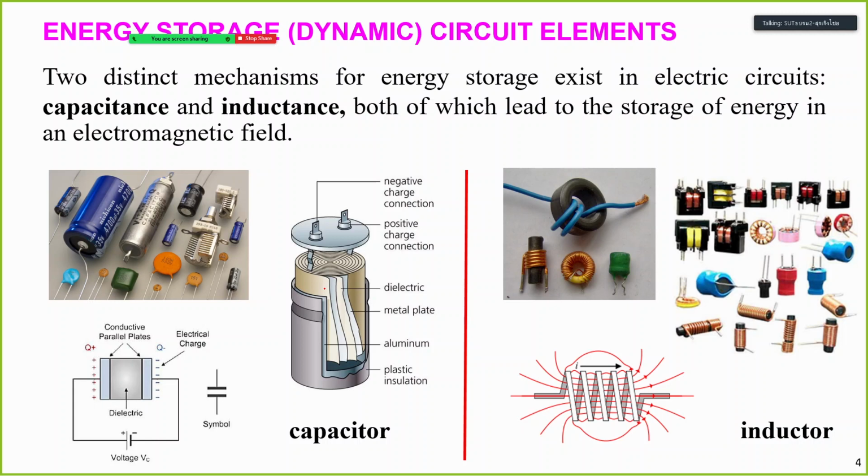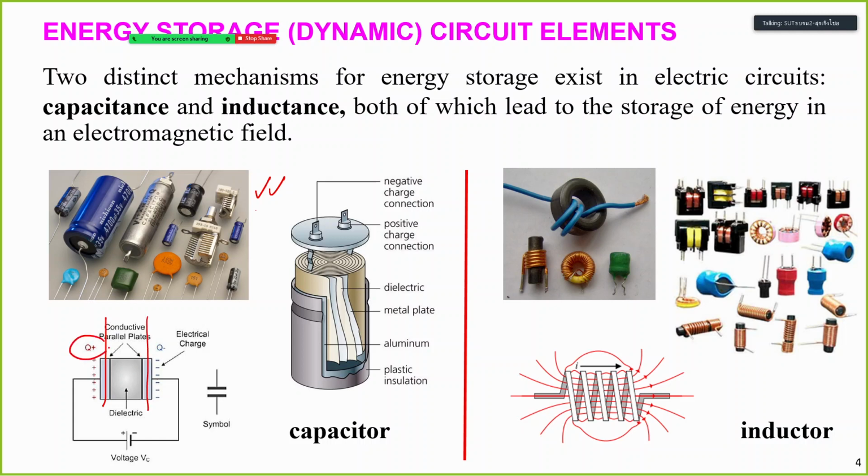Two distinct mechanisms of energy storage exist in electric circuits: capacitance and inductance, both of which lead to the storage of energy in the electromagnetic field. Right here, this is the capacitor. It is used in many equipment and devices, and it is the phenomenon between two plates. The charge between two plates stores the energy.